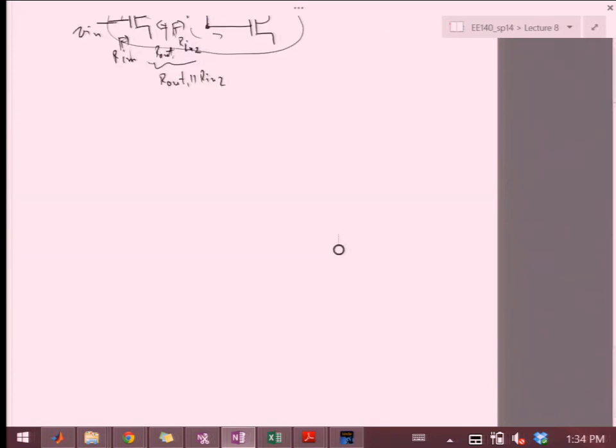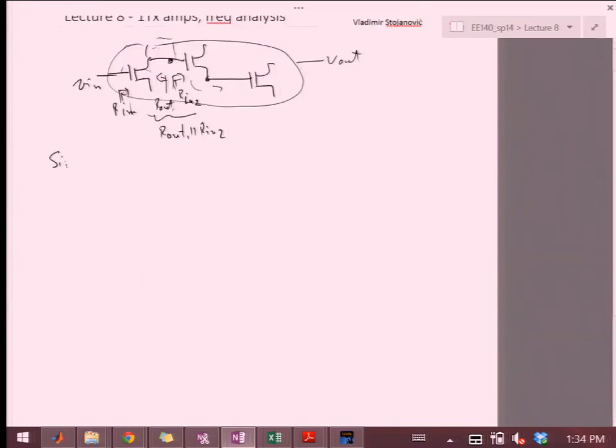Okay. So in this analysis, and this is what we've done with some of these basic single-stage derivations, we've always done what we call the simple case. This is something you should pretty much always do as a first cut, just to understand what the circuit's doing, and then maybe you can add the secondary effects.